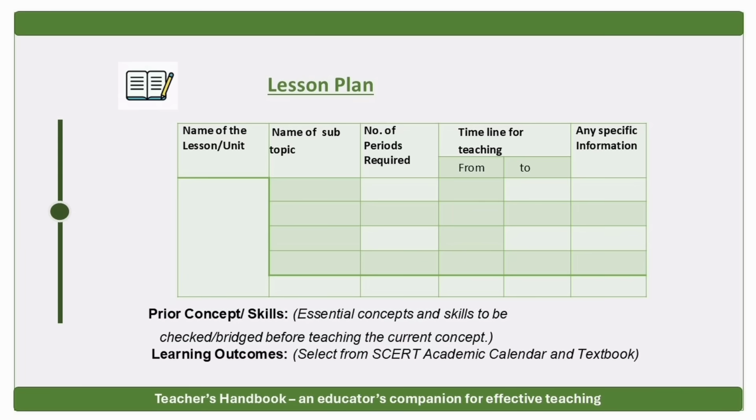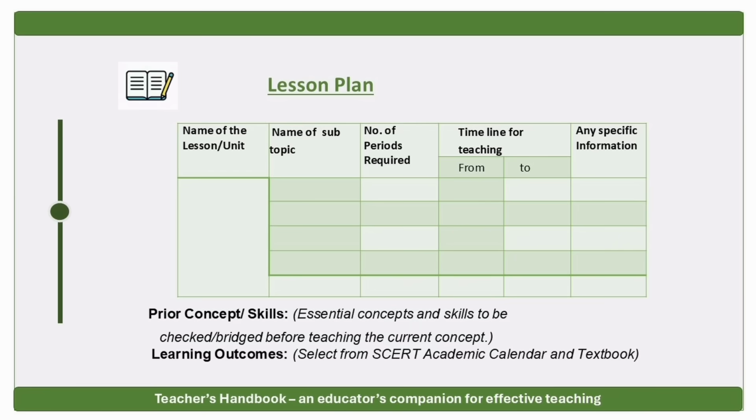At the beginning of each and every lesson plan, a QR code related to the lesson will be given, and this will be an additional resource for the teachers. Then coming to the next part of the lesson plan, it consists of prior concepts and skills.